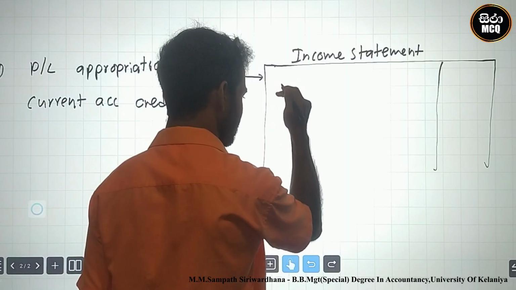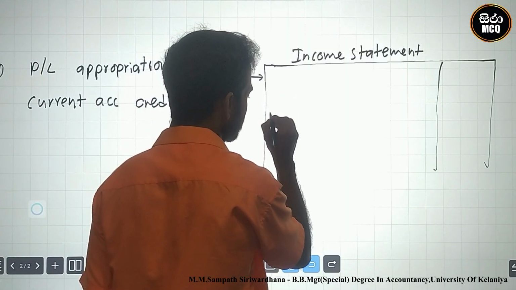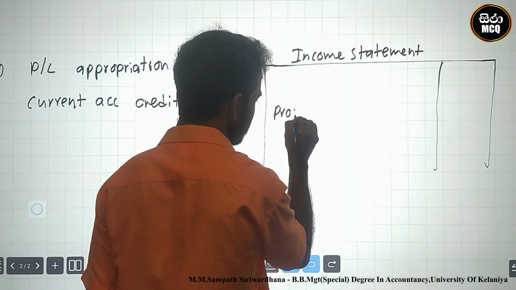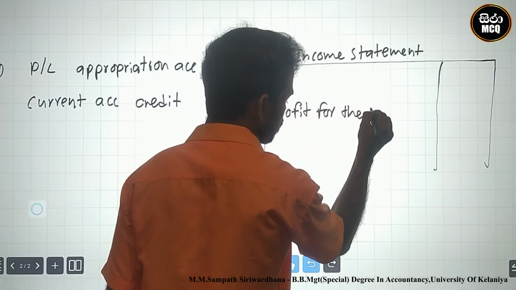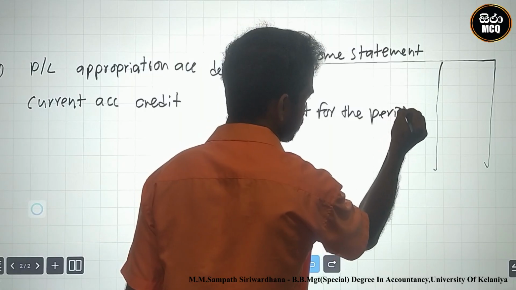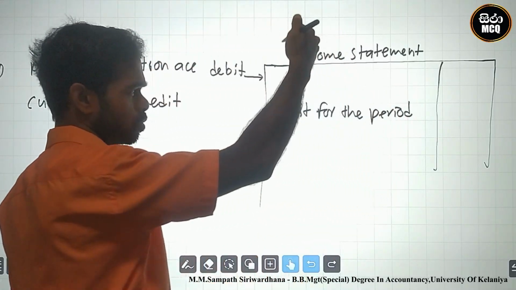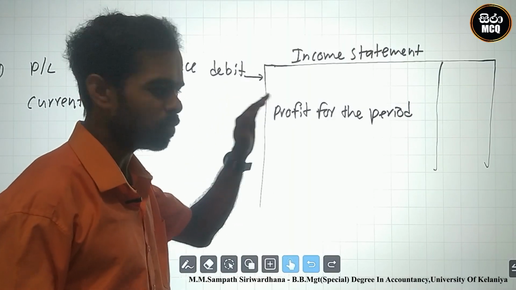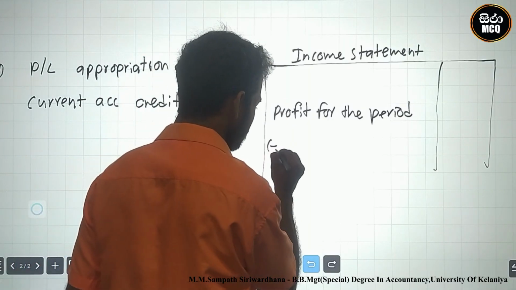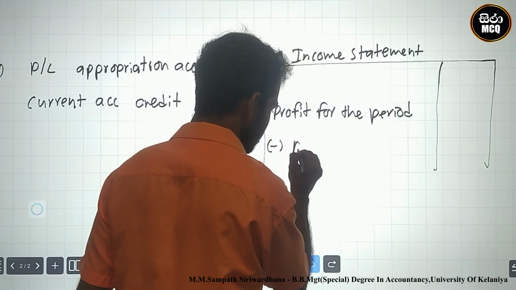There is already a calculated profit for the period. The expenses and cost of sales are above the profit for the period. After that, you deduct partner salary.